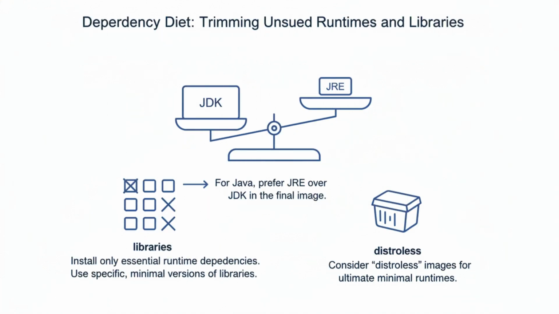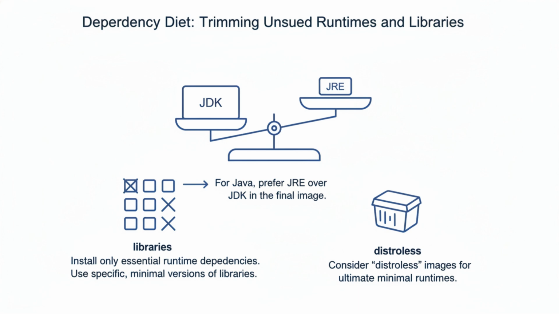Beyond just cleaning up package caches, a deeper level of optimization involves scrutinizing your application's dependencies and runtimes. Are you installing the full Java Development Kit, JDK, when only the Java Runtime Environment, JRE, is needed for execution? The size difference between a full JDK and a JRE can be substantial. Similarly, review your language-specific dependencies.